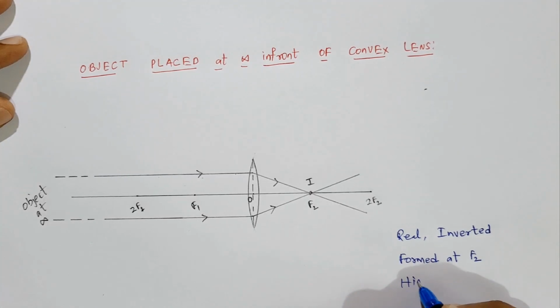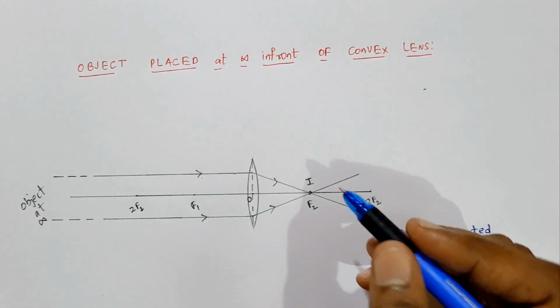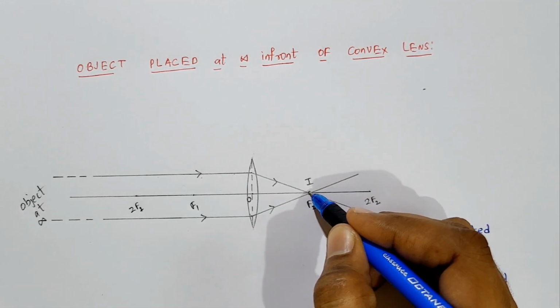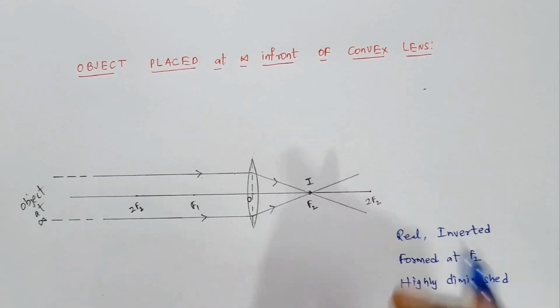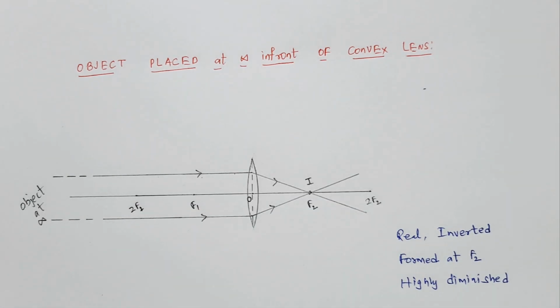The height of the image is highly diminished. When we get the height of the image at least some extent from the principal axis, then we can say it is diminished. But now here we got a point, correct? So these are the characteristics of the image formed by a convex lens when the object is placed at infinity in front of a convex lens.